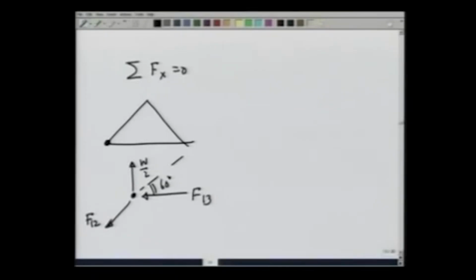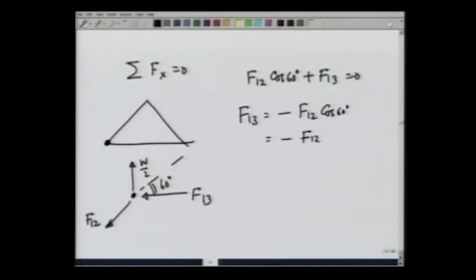I am going to have F12 cosine of 60 degrees plus F13 is equal to 0, or F13 is equal to minus F12 cosine of 60 degrees, which is nothing but minus F12 over 2.